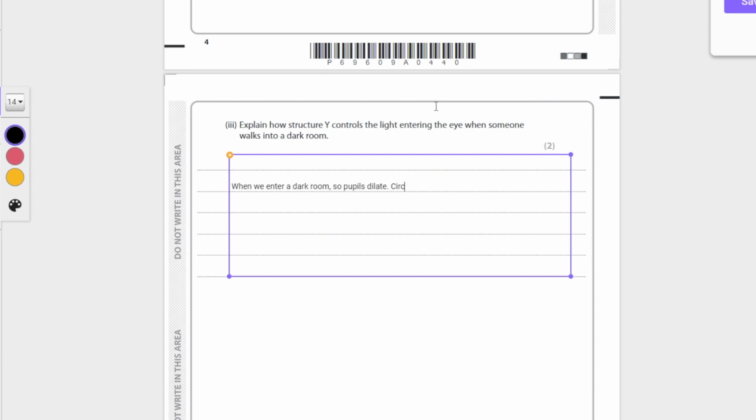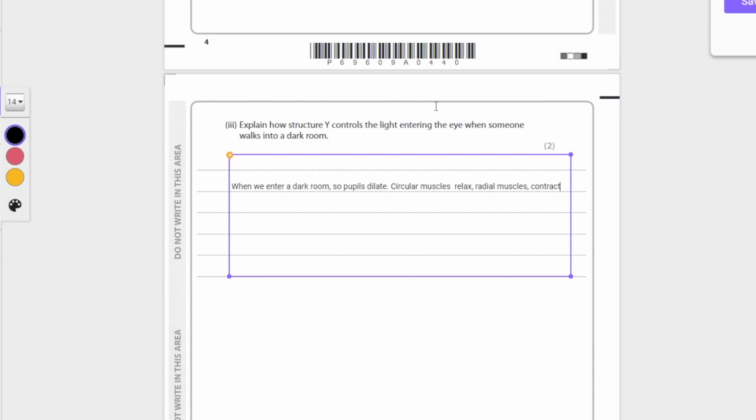Remember there are two muscles, circular muscles and radial muscles. So circular muscles contract, radial muscles relax. Wrong way around. Circular muscles relax, radial muscles contract. Okay?